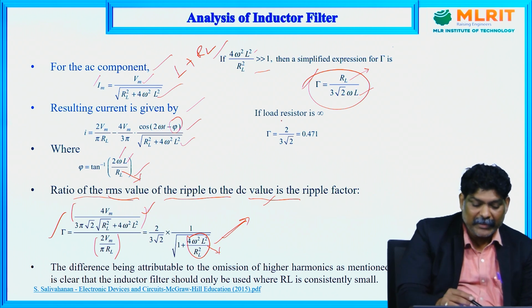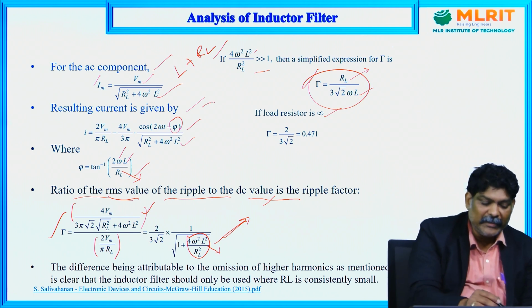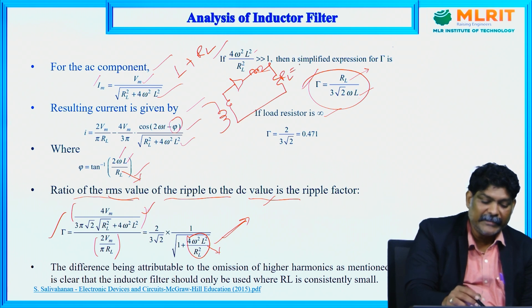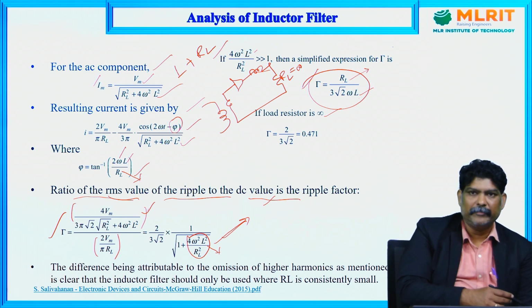If the load resistor RL is infinite, that means zero current.